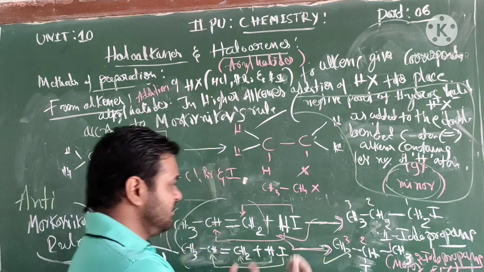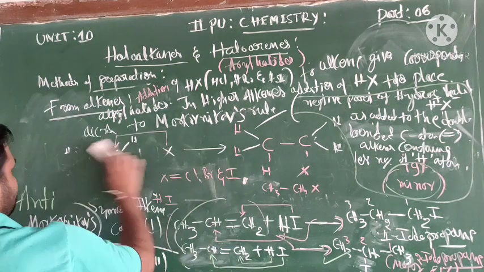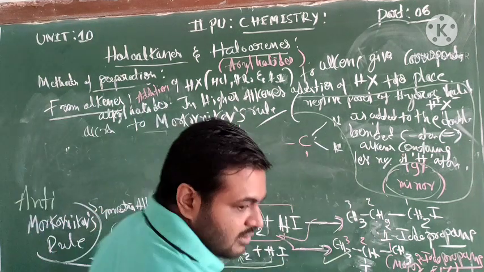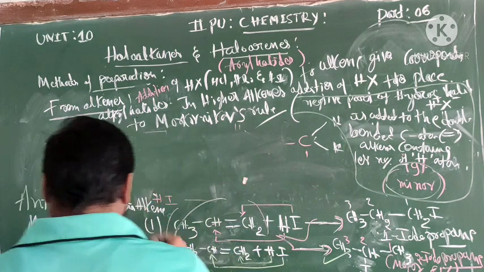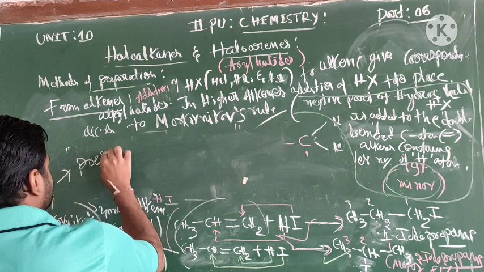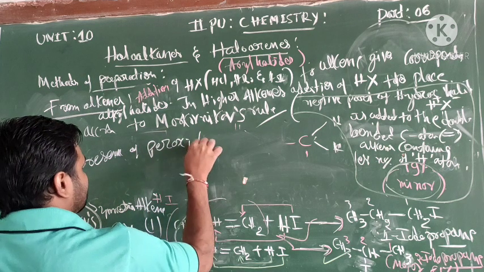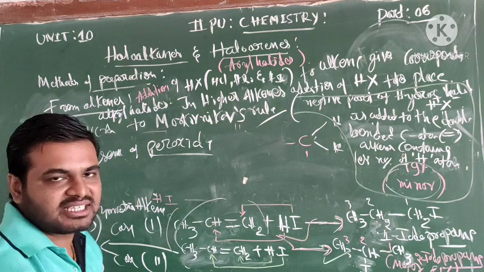And one more is the anti-Markovnikov rule. What does the anti-Markovnikov rule explain? It is in the presence of peroxide, which is a catalyst. So peroxide, hydrogen peroxide, is a catalyst.